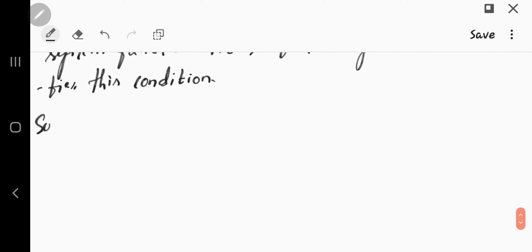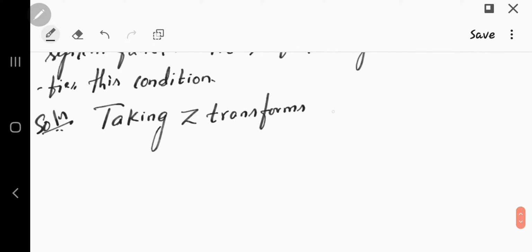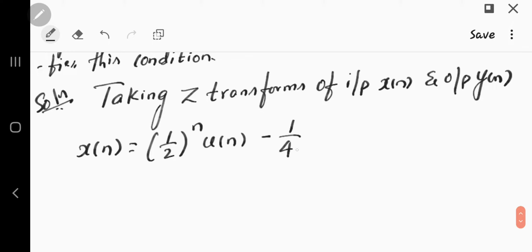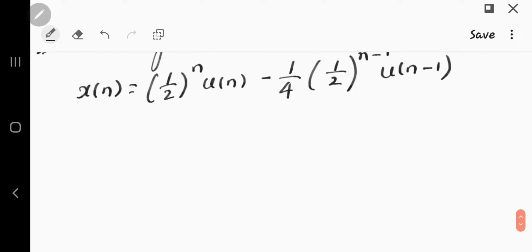So first we start with taking the z transform of input and output. Taking z transforms of input x of n and output y of n. So x of n is 1 by 2 to the power of n into u of n minus 1 by 4 into 1 by 2 to the power of n minus 1 u of n minus 1.